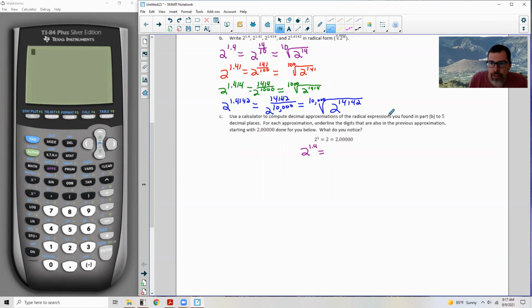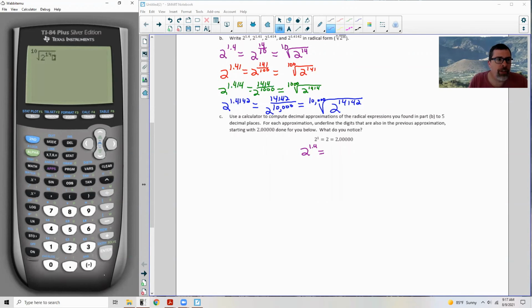So it says of the radical expressions. So I'm going to do the 10th root of 2 to the 14. To do a 10th root, you put 10, then press math, and then hit X root. So now I have the 10th root of 2 to the power of 14.